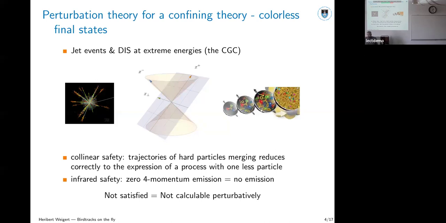You have these jets coming out in different directions, and if you look at how you calculate this on the level of quarks and gluons being emitted, one after the other, at the very end, where you measure them at the detector, they have been converted to hadrons.